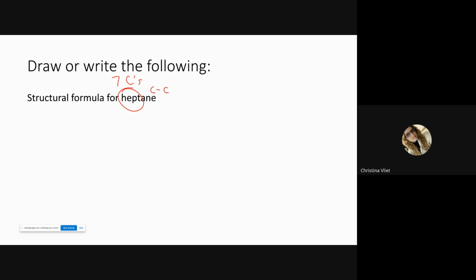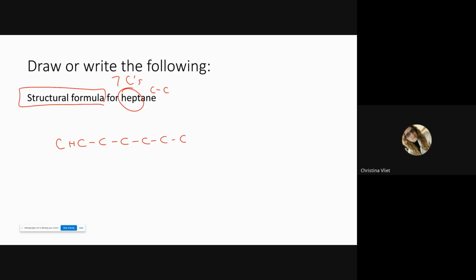So you've got 7 carbons. 1, 2, 3, 4, 5, 6, 7. Now remember what I said about structural formula. You're actually not supposed to show the covalent bonds. So what could we do here? What nifty way could we do this? How many hydrogens does each carbon on the end have? 3, right? And the ones in the middle have 2.